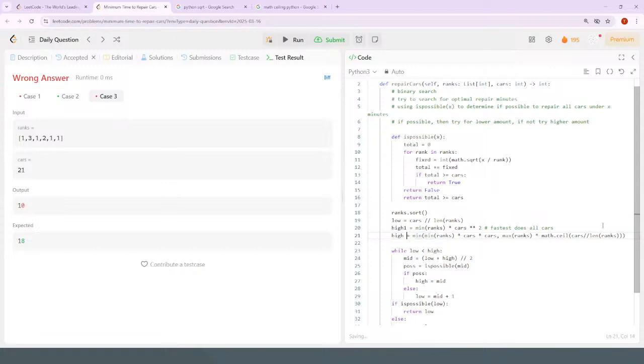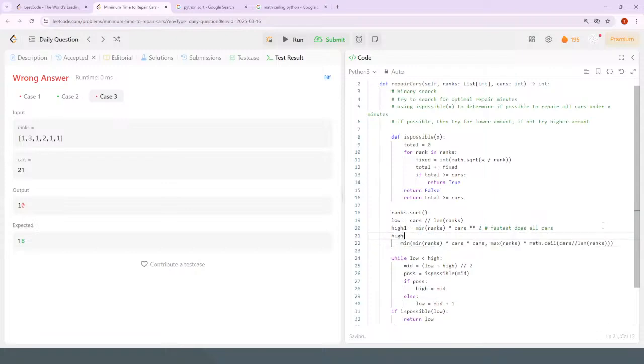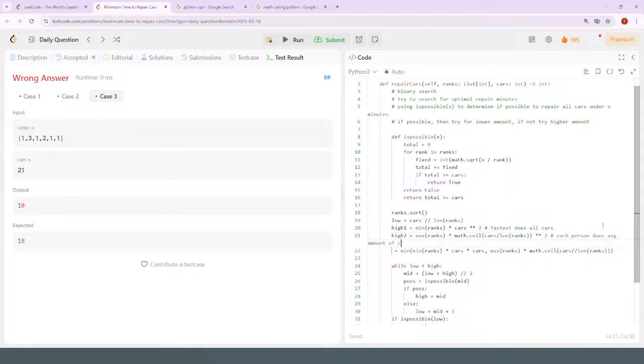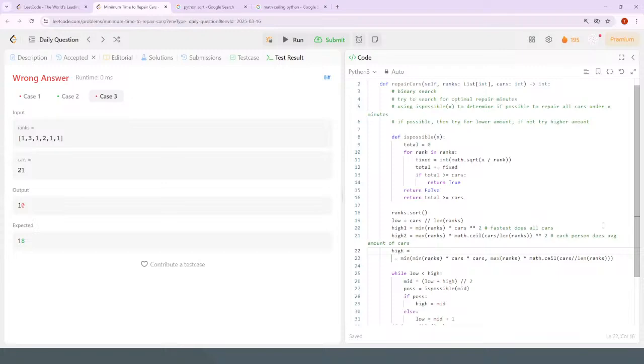And then high 2 is max of ranks times math.ceiling of cars divided by length of ranks, squared. And this is each person does average amount of cars. And the high is actually going to be the lower of these two values.